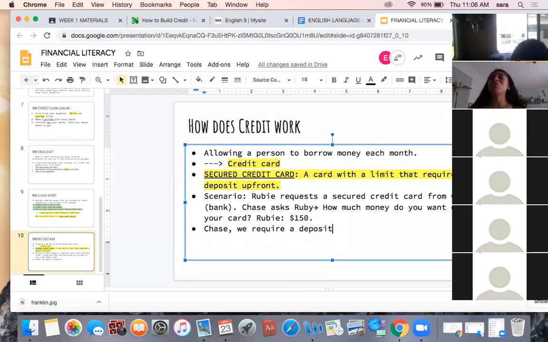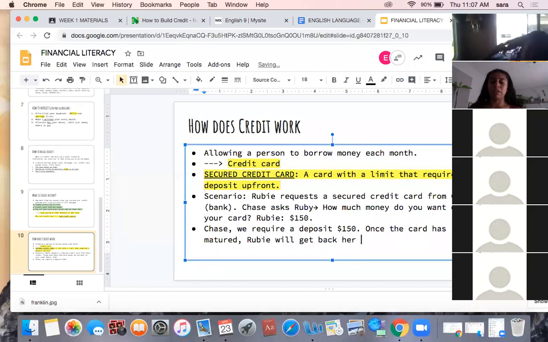So they're trying to secure their money by asking you for a deposit of $150. If Ruby loses her job and can't pay her credit card back, they'll use the $150 she put in. Once the card has matured, Ruby will get back her deposit.